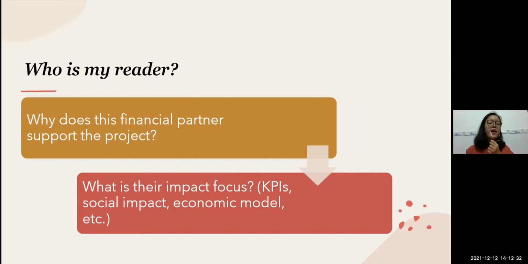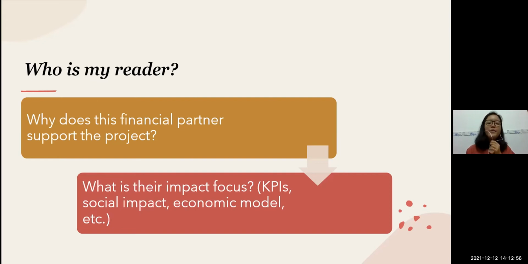And then you can start asking about their impact focus. This is very important because it can be very different from donor to donor. It can be KPI focused, meaning that you have to present them numbers. So if you fail to reach any kind of KPI, they don't really care. They just care about the number, and that's all.